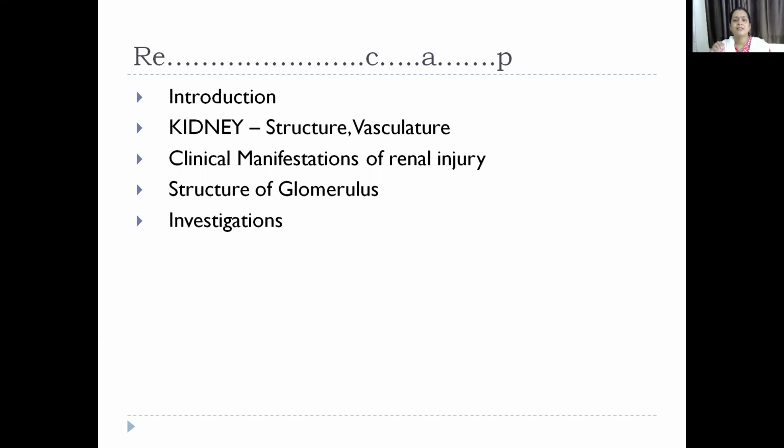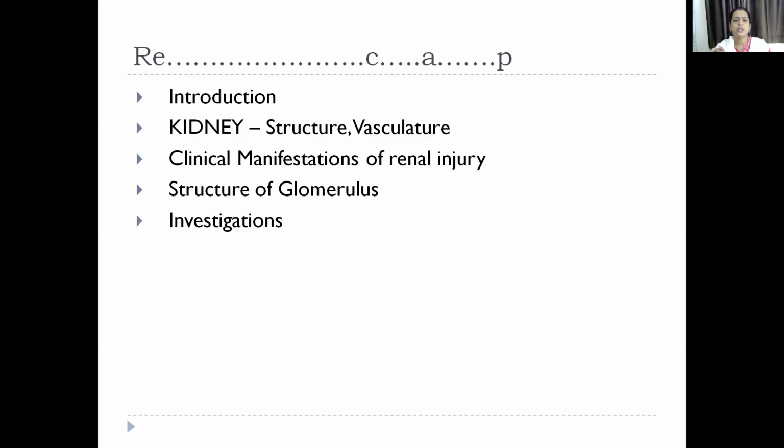Then coming to the vasculature, you know that the kidney is drained by the renal vein. The renal vein has to be inspected in renal cell carcinoma because the staging gets different. Then the renal artery is the one which arises from the aorta and supplies the kidney. The renal artery gives rise to the anterior division and the posterior division.